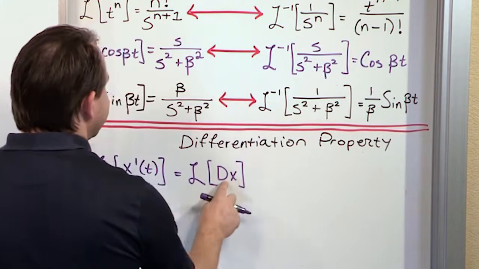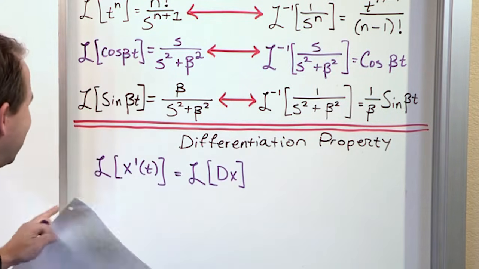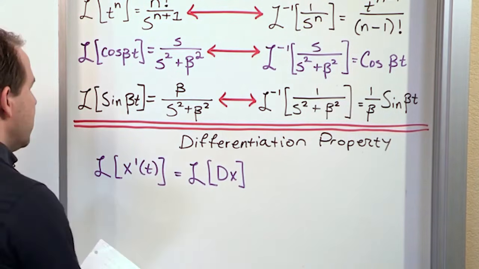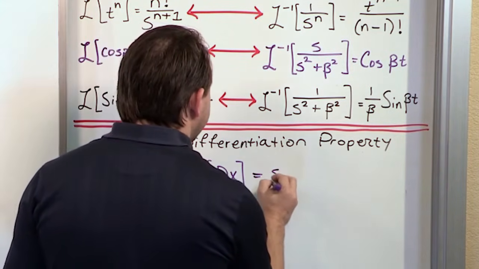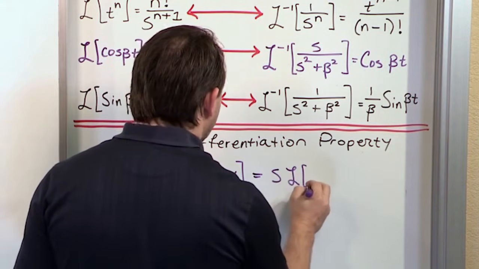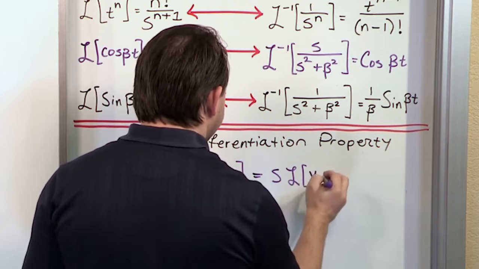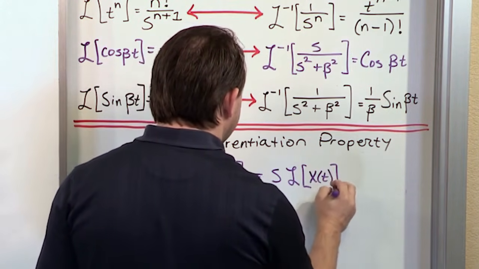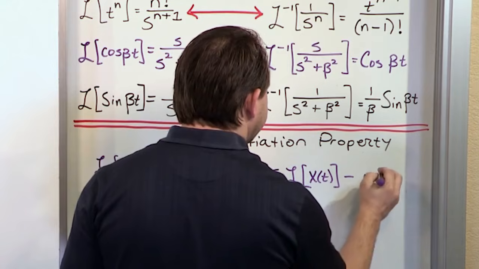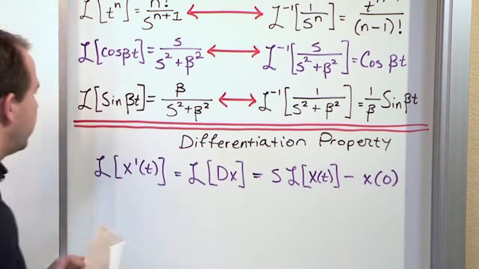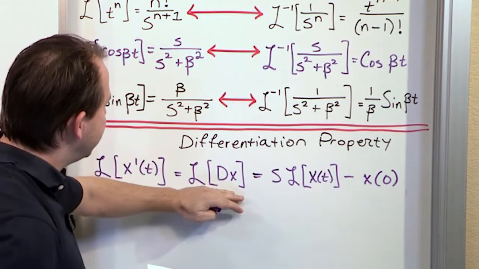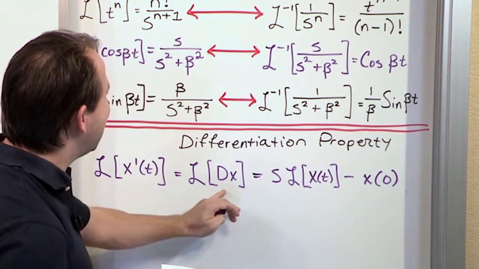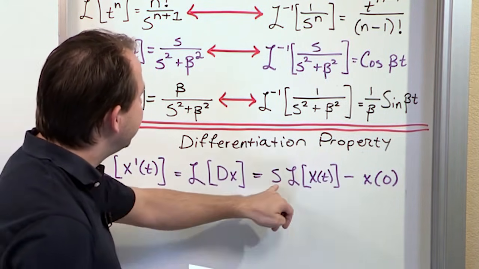This is how you would see a derivative written in differential equations, so I'm refreshing your memory on that. When you see this, then this is what it's equal to. s times the Laplace transform of x of t, minus x at 0. This is what it's equal to. So whenever you have a first derivative in a differential equation and you apply a Laplace transform to it, it's a single s.